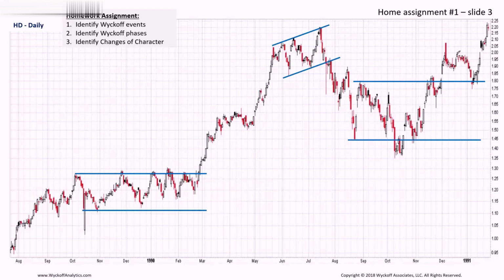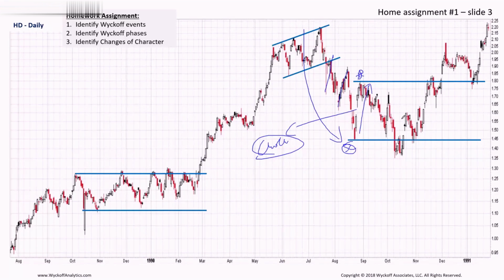Okay, and then let's look at the last trading range. This one is a little bit difficult, so that's why I'm going to go through this myself. We have a downtrend, clearly defined climactic action, and a clearly defined change of character in the next rally. It's the largest rally of all of the rallies that we've seen on the downside.